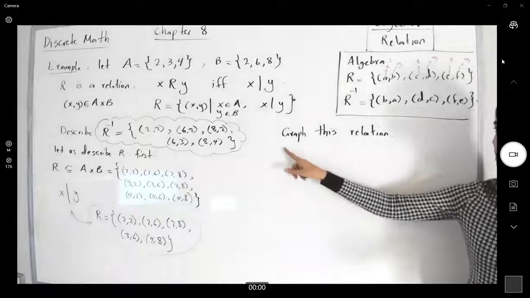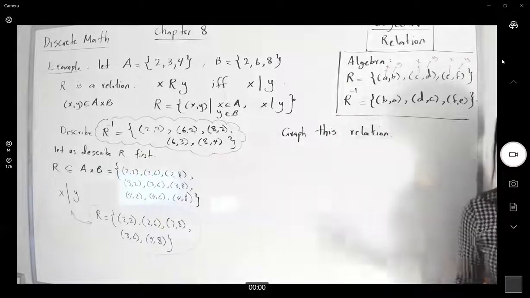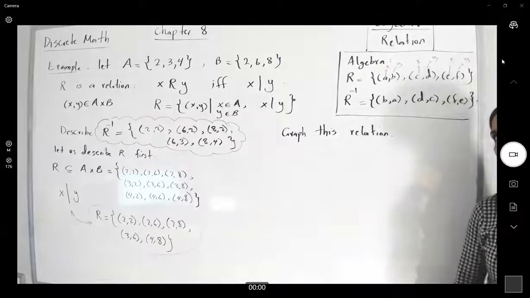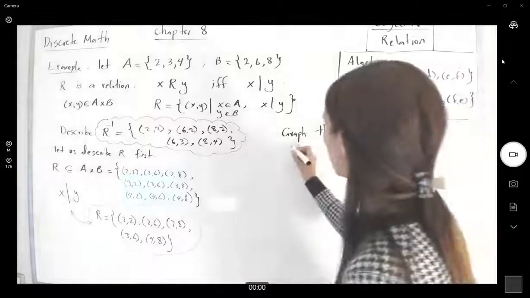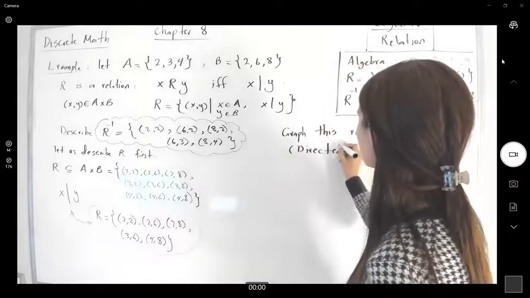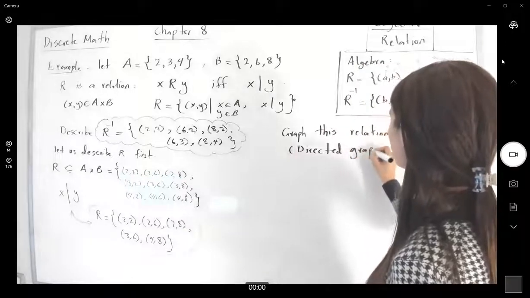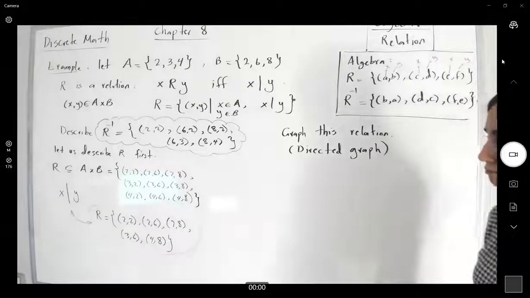The second part says, hey, graph this relation, visualize this relation. Actually, we call this a directed graph. So the official name for it is directed graph. Well, how does it work? Okay.